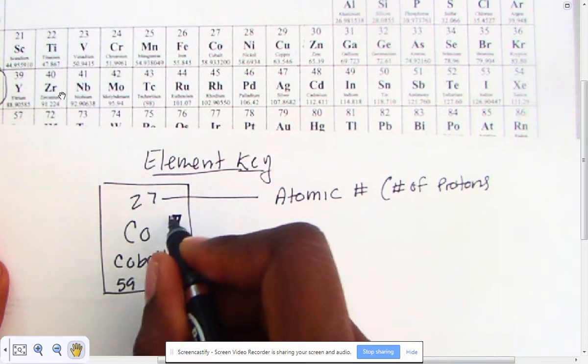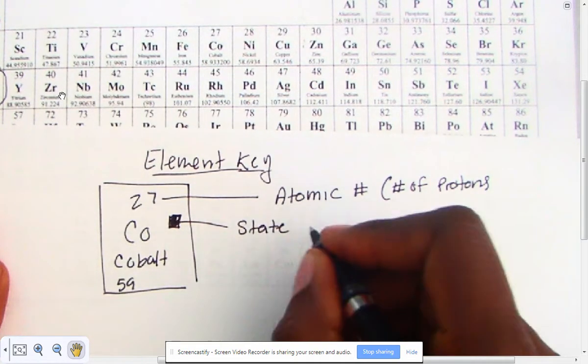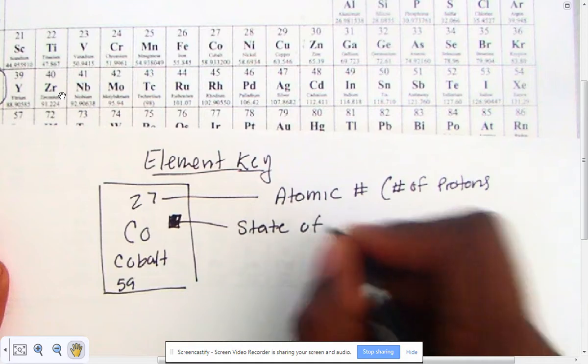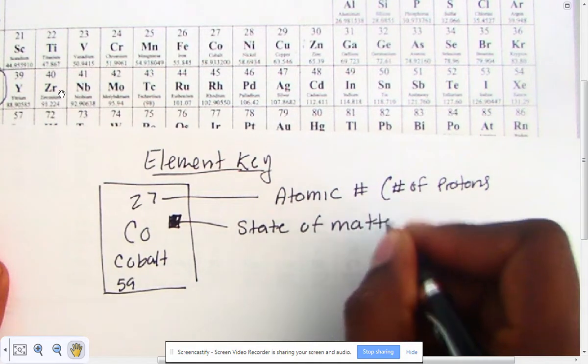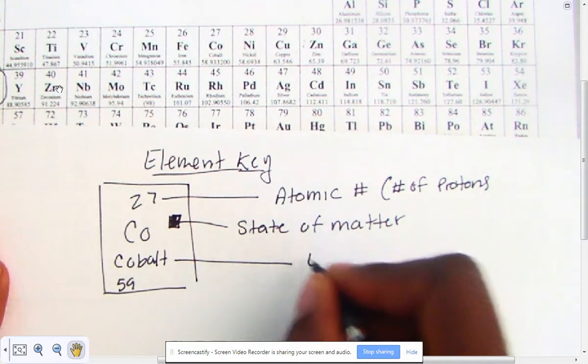This little box here that I drew is the state of matter. If it's a box, then it'd probably be a solid. Cobalt, the word itself, is the element.